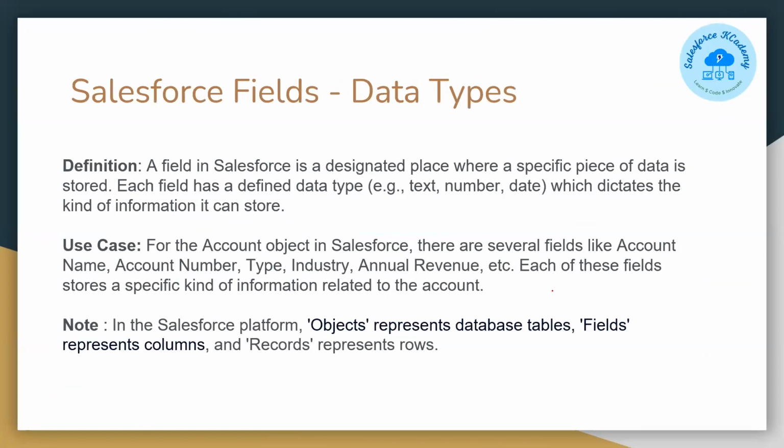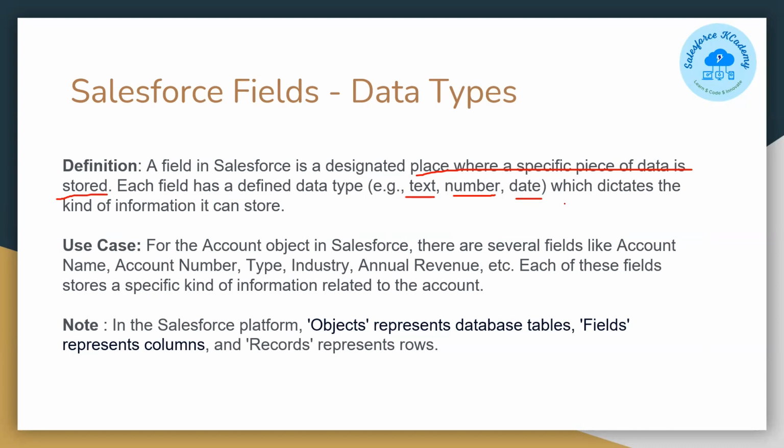Okay. Now, Salesforce fields. If you just see the definition of the Salesforce field, it is a designated place where a specific piece of data is stored. Especially when we talk about a number field or text field, we have seen the example of text field in the last class. So we can also have the date field, email field. That is also something we have seen.